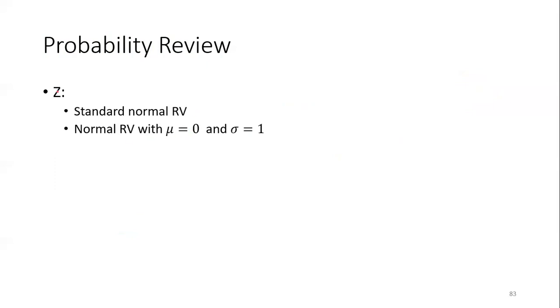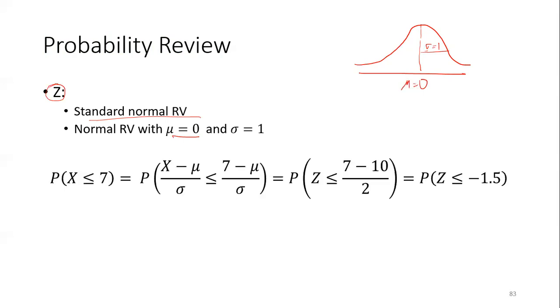So Z is the standard normal random variable. This is a universal notation. Z is the standard normal random variable. It's a normal random variable with mean 0 and standard deviation 1. That's the standard normal random variable.